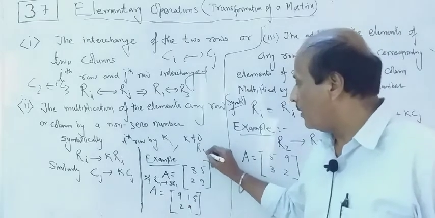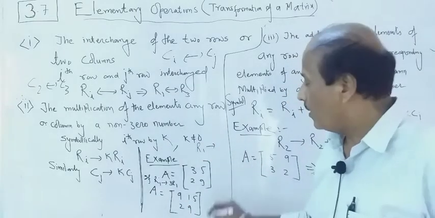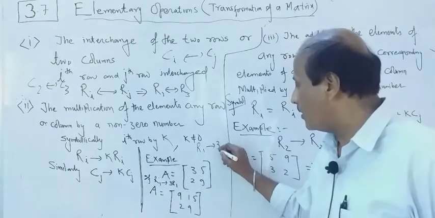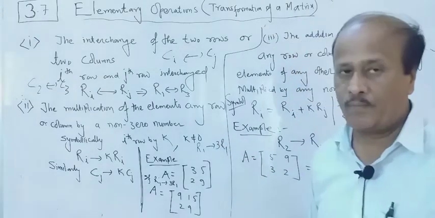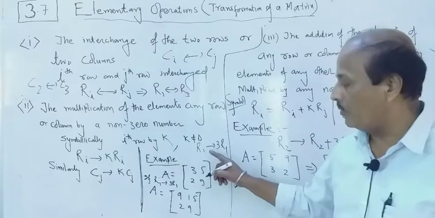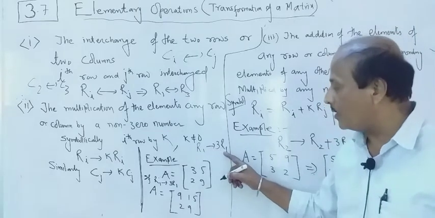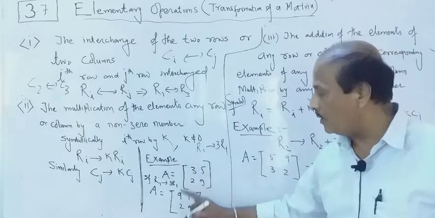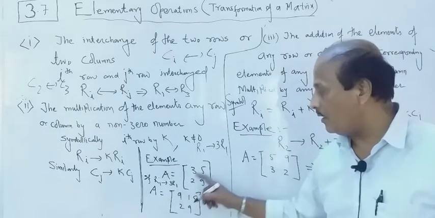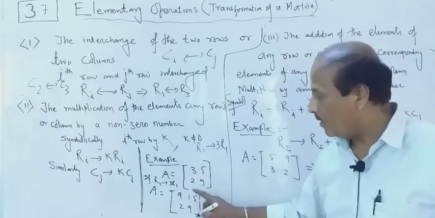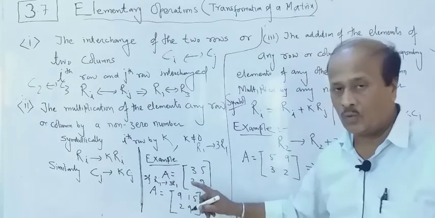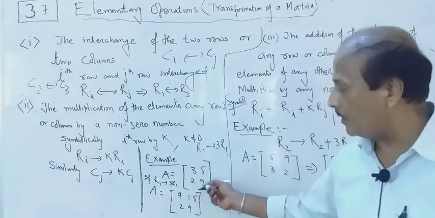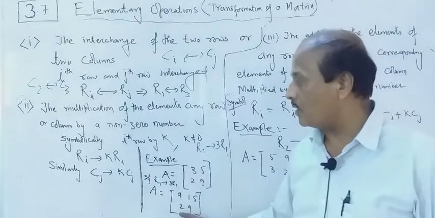The first row is to be multiplied with a non-zero constant, suppose 3. Automatically you will come to know that all the members of the first row will be multiplied with 3. So the new matrix will be 3 3s are 9, 3 5s are 15. Don't touch or modify the second row. So this is one of the examples.